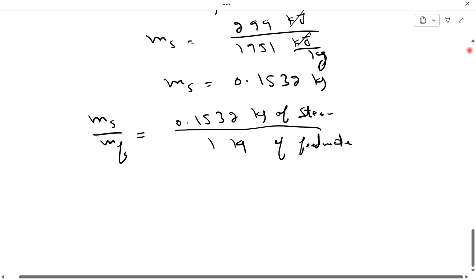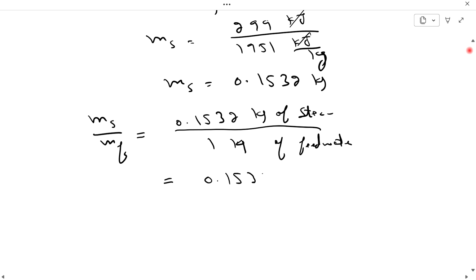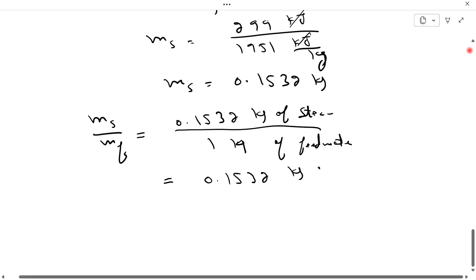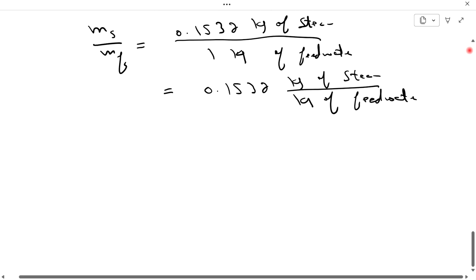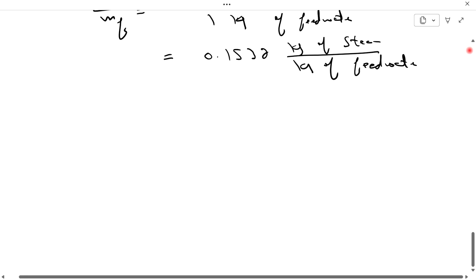So the final answer is 0.1532 divided by 1, which is 0.1532 kilogram of steam per kilogram of feed water. This is the final answer of the first part.